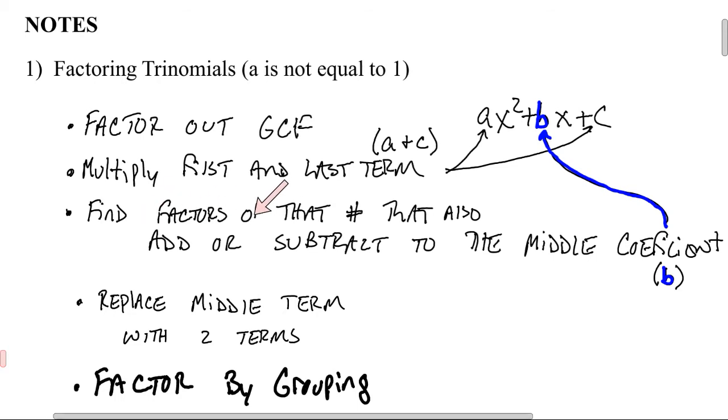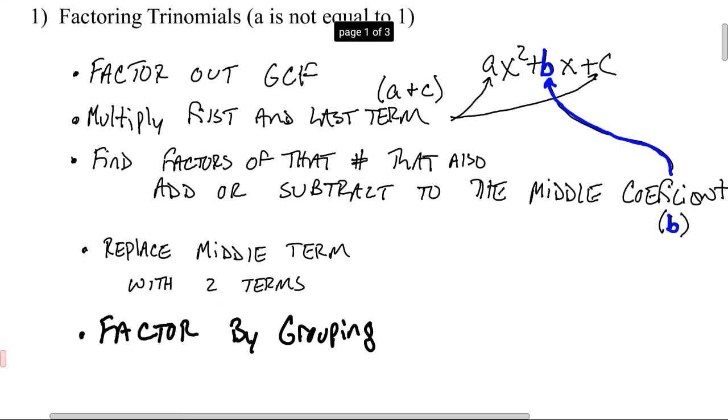And then we find the factors of that number that also add or subtract to make that middle coefficient, that b. And then remember, we take this term here and we replace it with two terms. Replace the middle term with two terms. And then we factor by grouping. And when do we factor by grouping? That's when we have 4 terms. So we'll see some examples here and it'll make more sense.